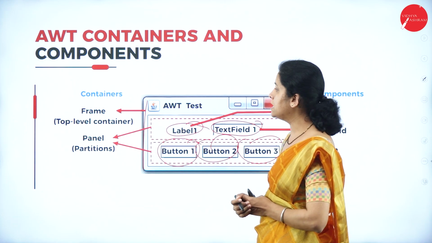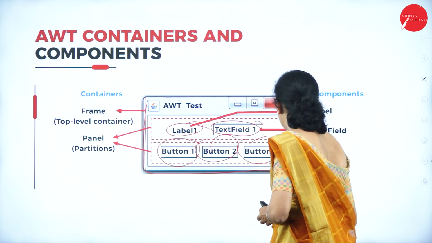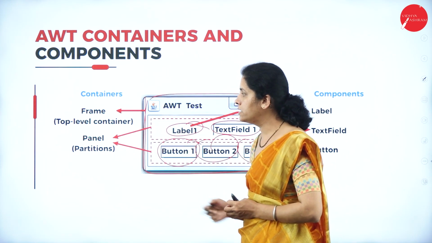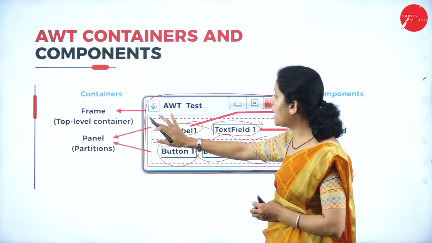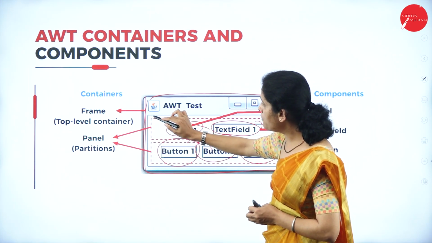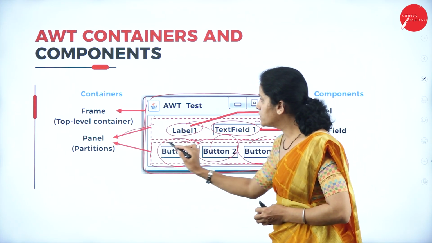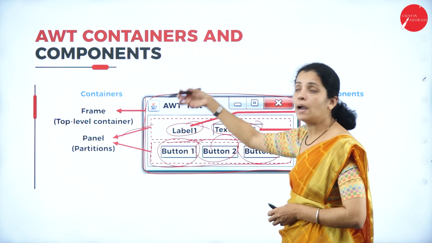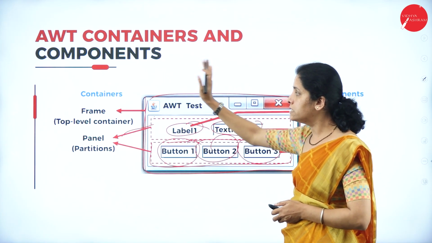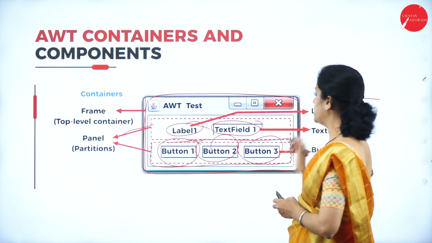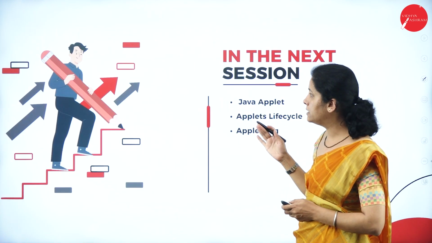This frame itself is the container. Then what about the panel? That's nothing but a partition. See here, I have partition 1 and partition 2. So within the container, I have the components. I use the container, and inside that I use the components: label, text field and button.